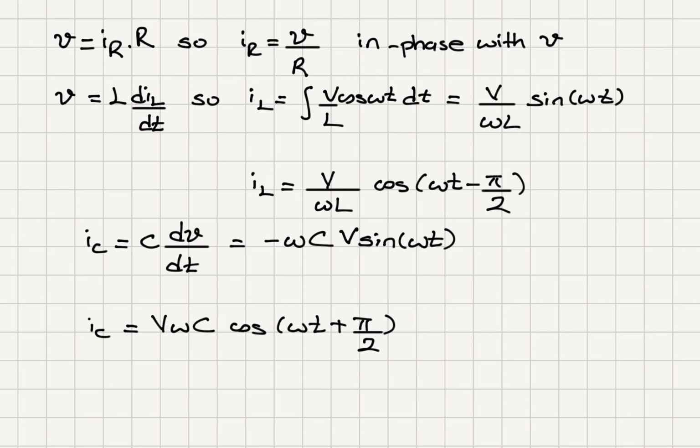Okay, so I have found the phase relationship. No phase difference for the IR. There is a lagging by pi over 2 for the inductor and leading by pi over 2 for the capacitor.